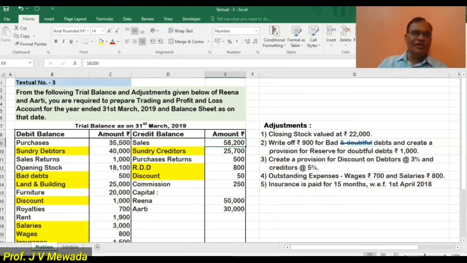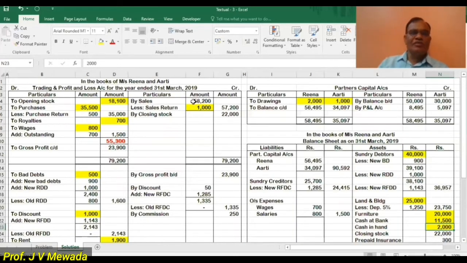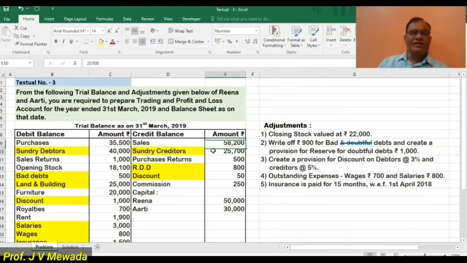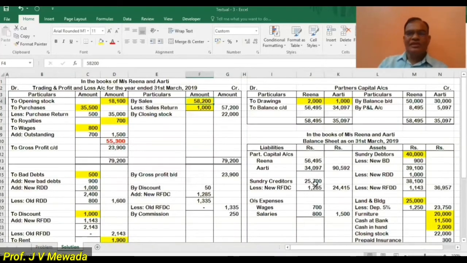Sales is 58,200. So sales 58,200. Then we have creditors 25,700. So creditors we will be writing in the inner column, 25,700.